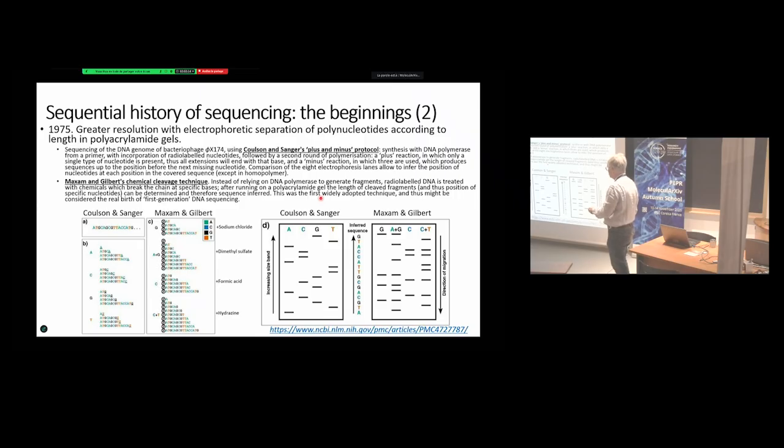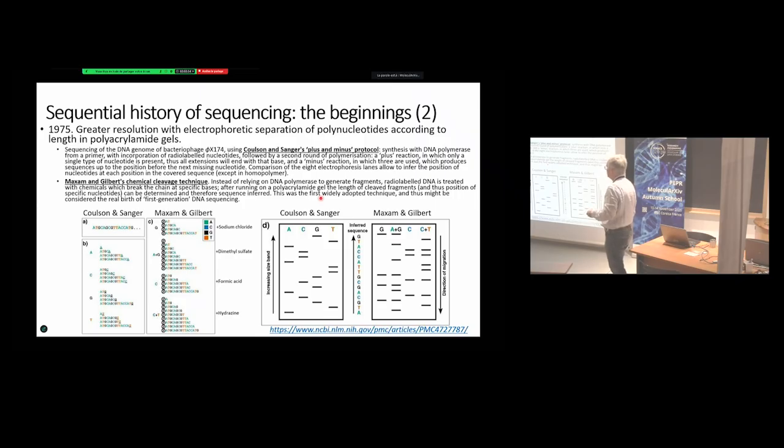So it was this type of picture that you get. There were different protocols. The first one that appeared was by Maxam and Gilbert, but then the method developed by Coulson and Sanger became dominant.